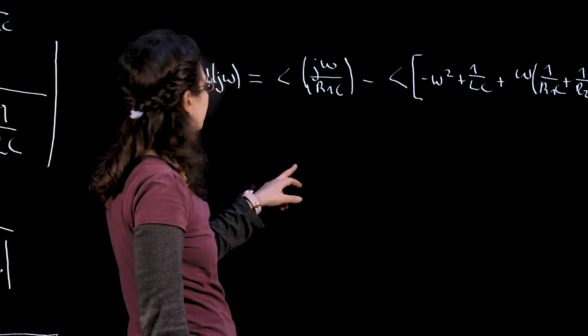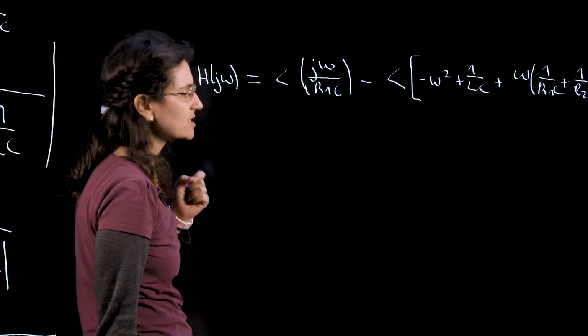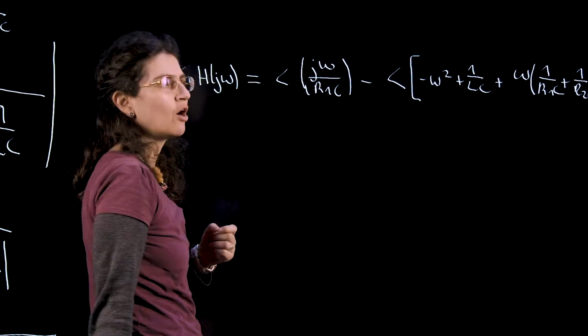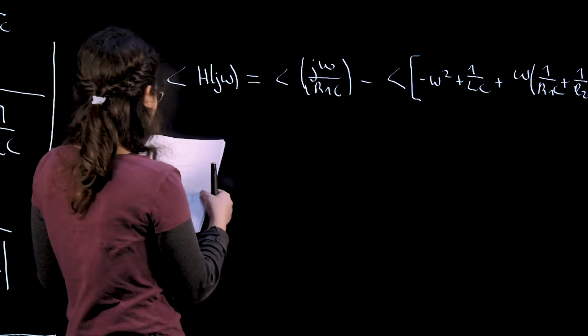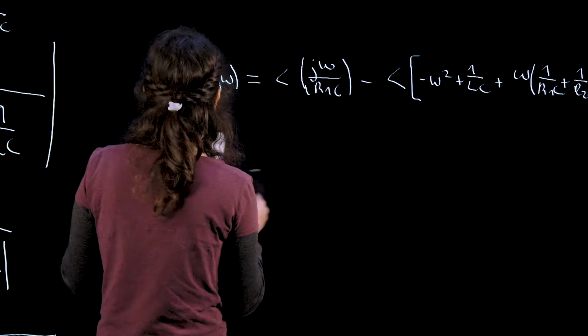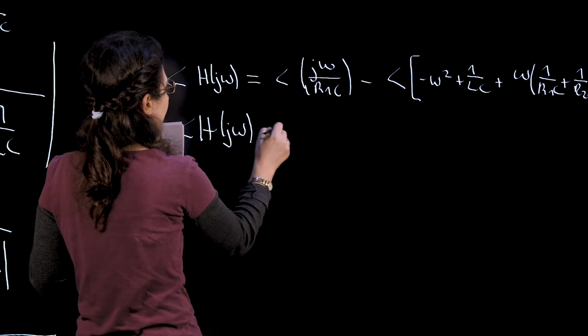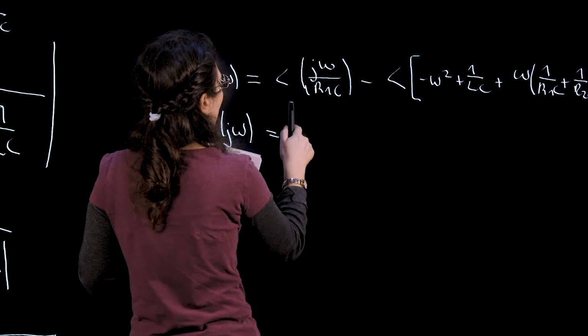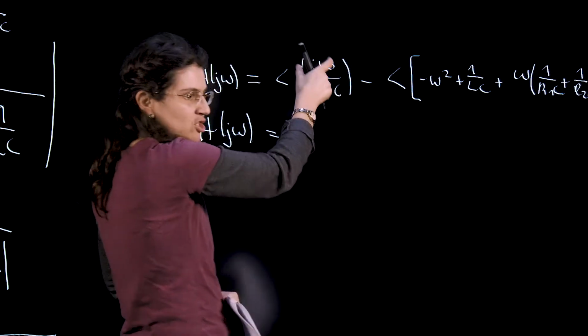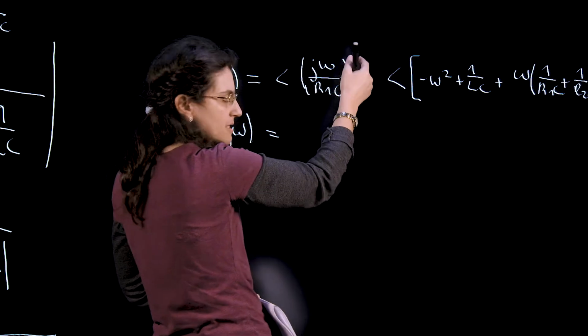So the phase of a complex number is the inverse tangent of the imaginary over the real part. So I get the phase of this number. This is an imaginary number only. The real part is 0.